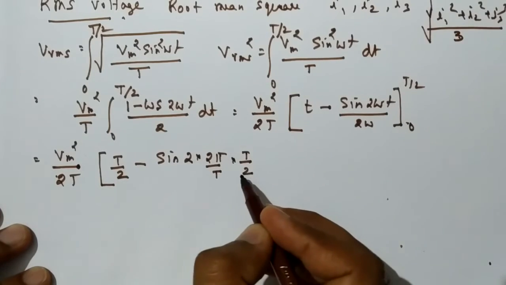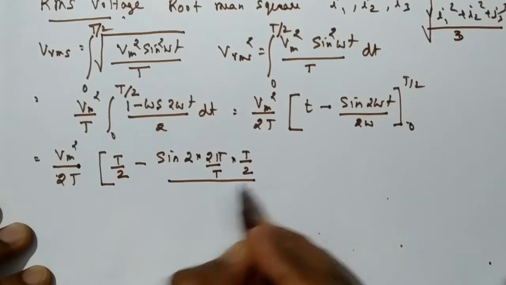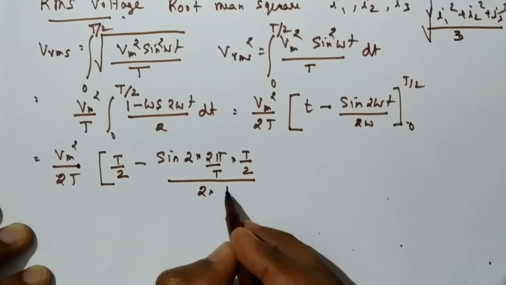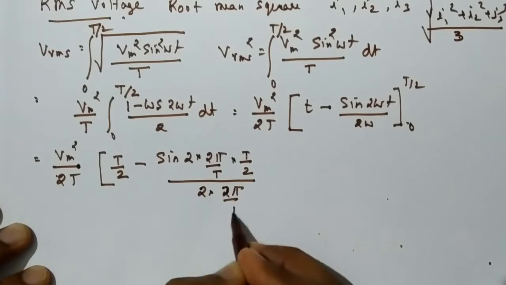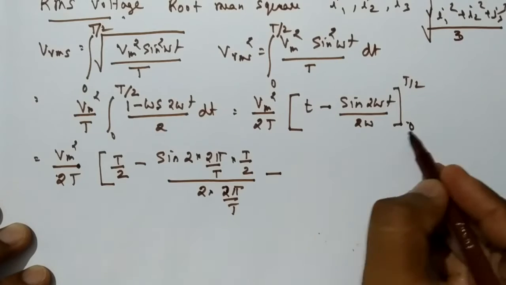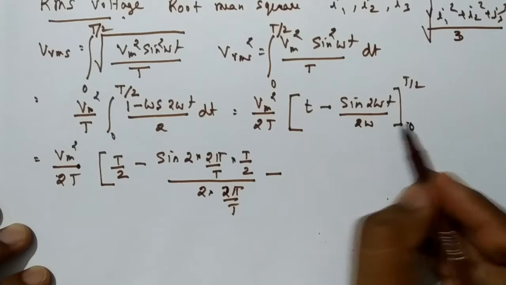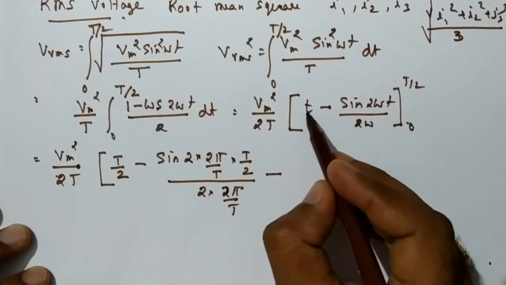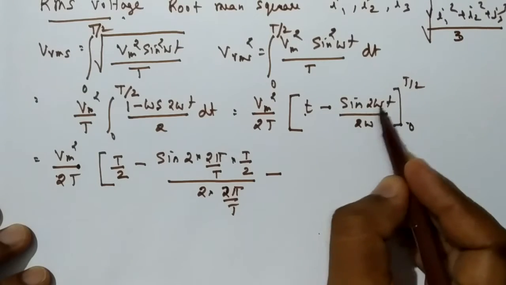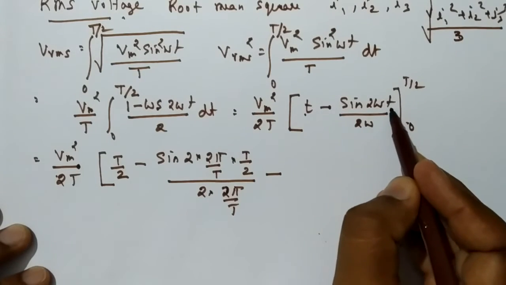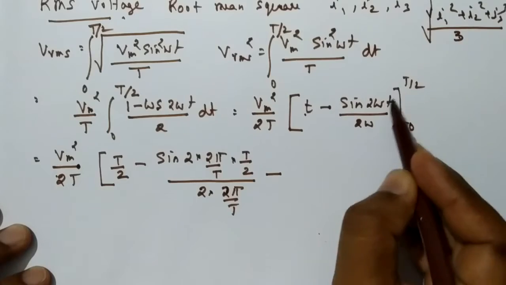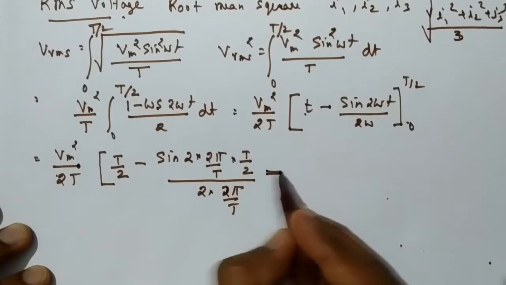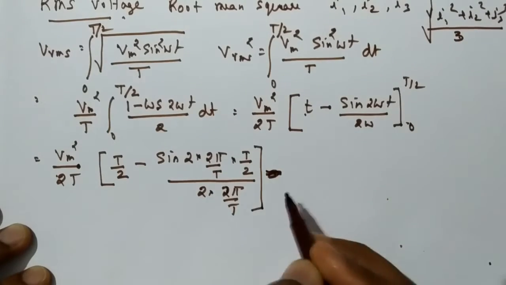I have skipped one step here, divided by 2 into omega. Omega is 2 pi by T. Minus, now apply the lower limit. When you apply the lower limit, it will be 0, because t equal to 0 here, 0 minus sine 2 omega t, that is also 0, so it will be 0.